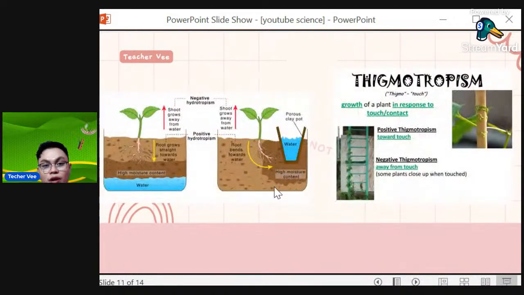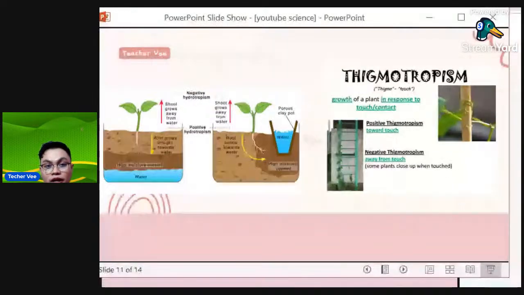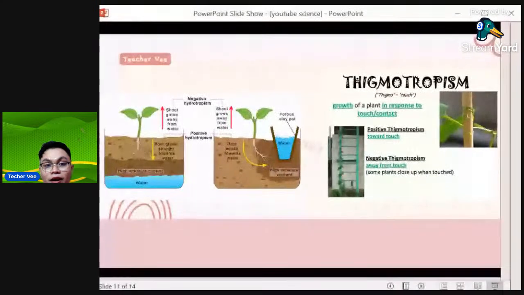Thigmotropism. Okay? So kapag sinabi kasing hydro, no? Hydrotropism, from the word hydro, meaning the growth or the turning of plant root towards or away from the water or the moisture. Kasi meron tayong tinatawag na positive tsaka negative hydrotropism.